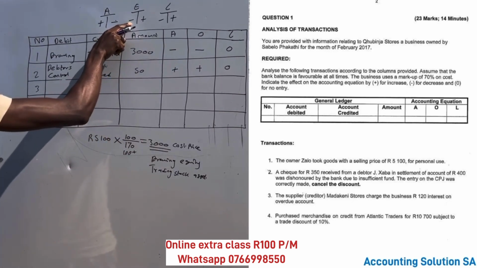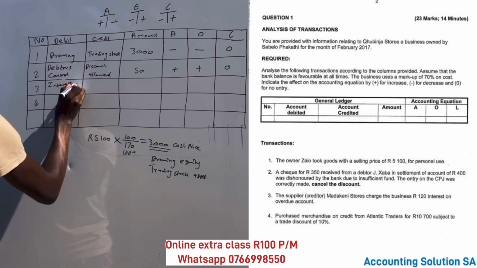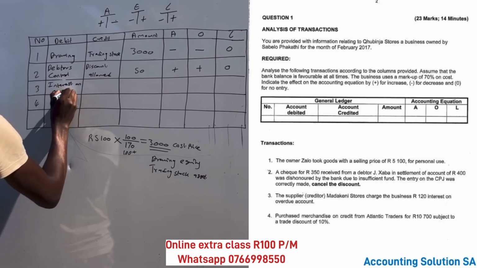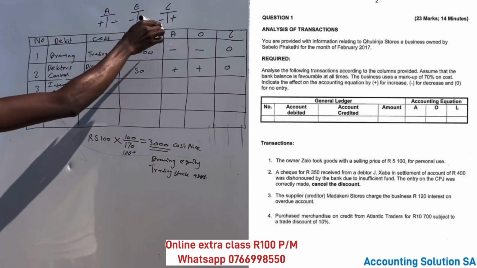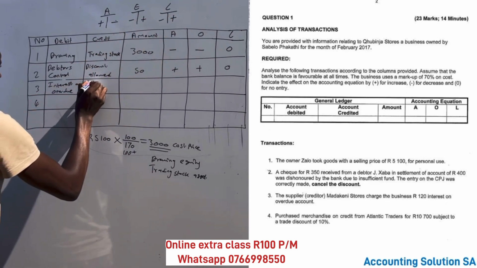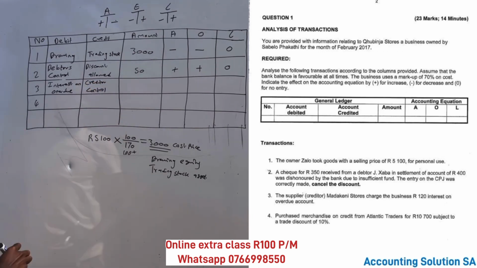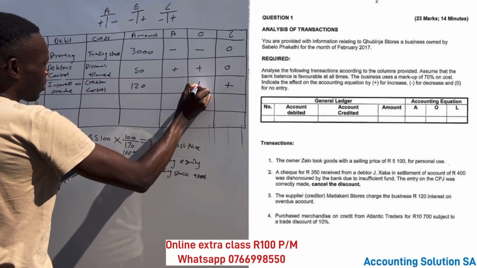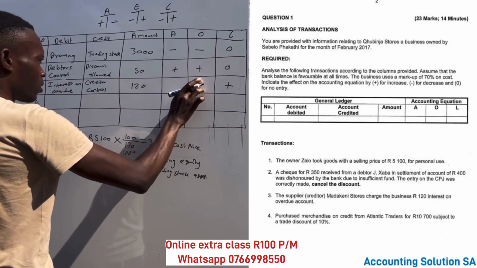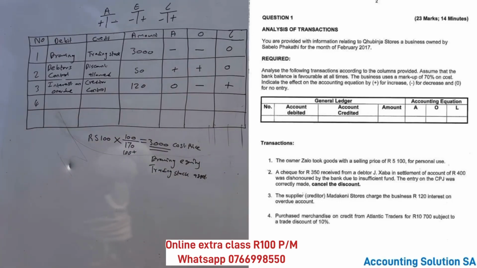On the debit side: interest on overdue. Why did this interest increase? Because liability has increased by creditors control, our supplier. Liability will also go up by an amount of 120. Liabilities go up and our owner's equity decreases because of the expense that we are incurring.